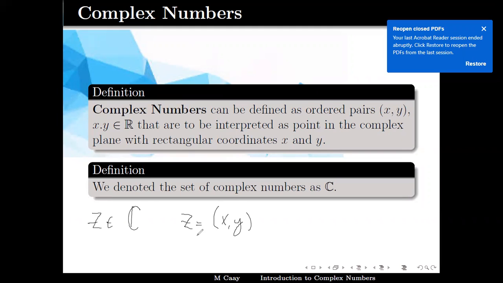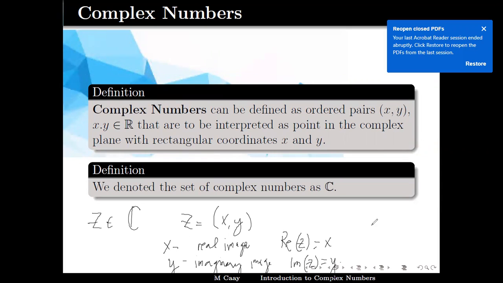So here, the x is what we call the real part. We denote this as Re of z equals x. Y, however, is the imaginary part, and we denote this as Im of z equals y.